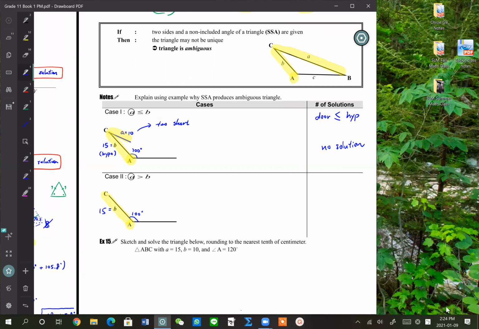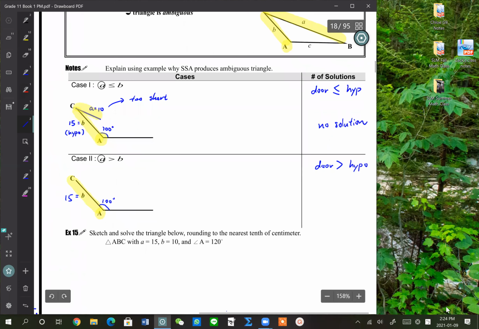The second case is when the door is longer than the hypotenuse. Jiawen, can you pick a number for the door? 20. Okay, so here's our 15. 20 will look something like that.